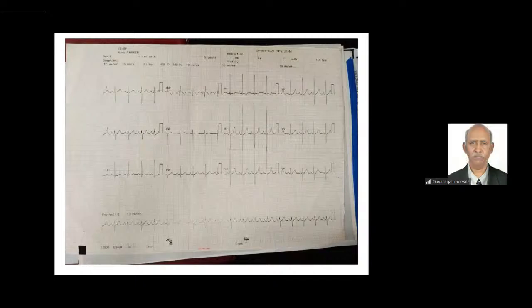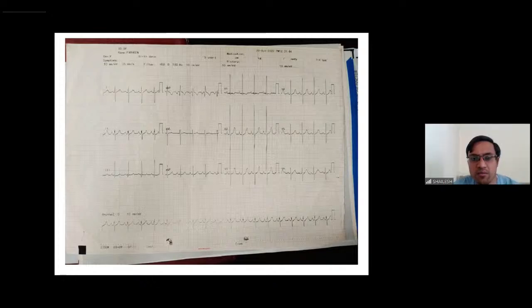Tell me the congenital heart disease associated with conduction system disturbances. Sir, conduction system disturbances can be present in congenitally corrected transposition of great arteries, sir.